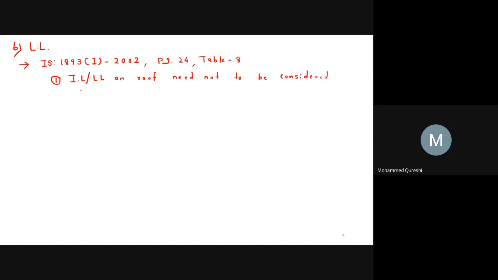It is given in the IS code and the clause number is 7.3.2. So live load on roof will be 0, and now we will calculate live load on each floor.